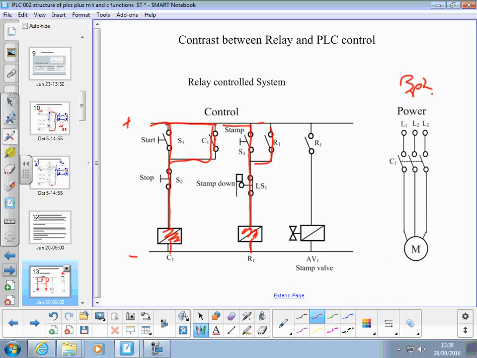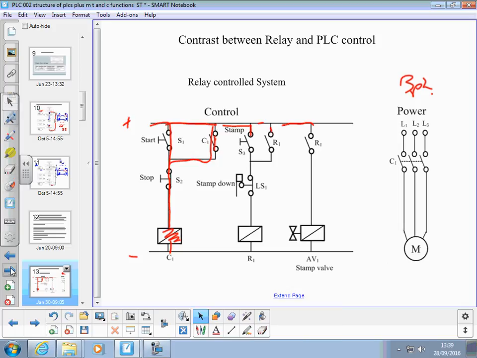Our hydraulic valve, that closes. We get current down there, valve turns on and the hydraulic cylinder starts to move down. When the hydraulic cylinder hits the bottom, it pushes on that limit switch which opens it, breaks this current down here, so that disappears, that opens, valve turns off, and the cylinder comes back up again.